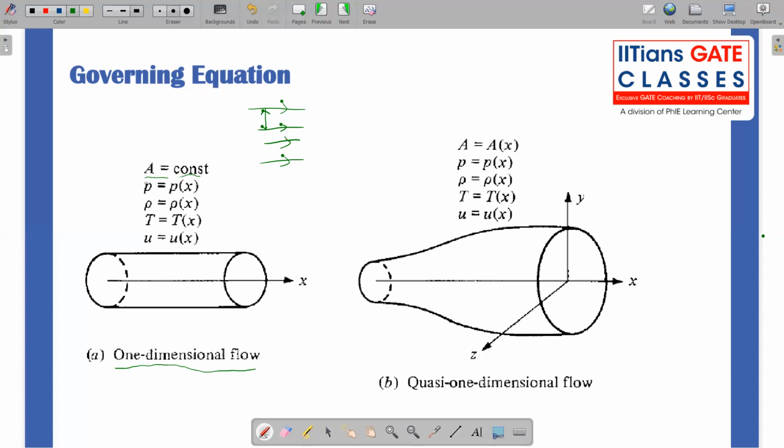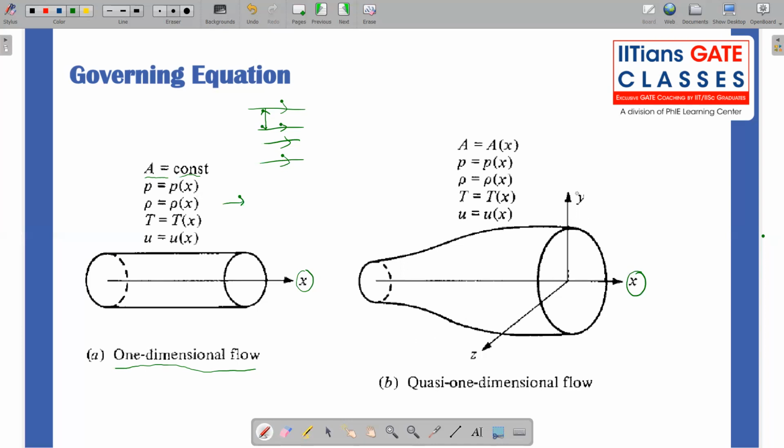Whereas all the properties are a function of the flow direction. So say in this condition, it's a function of x alone. Say flow is moving only in x direction, so then we will treat it as a function of x alone, right? Now let us look at figure B over here. Here, as you can see, area is actually changing along the x direction, right?